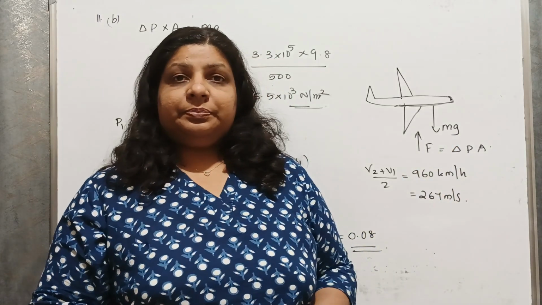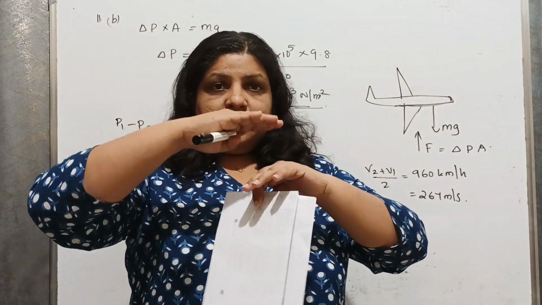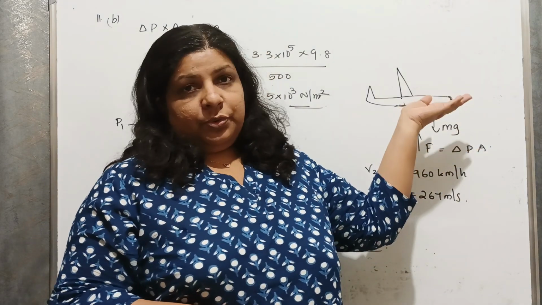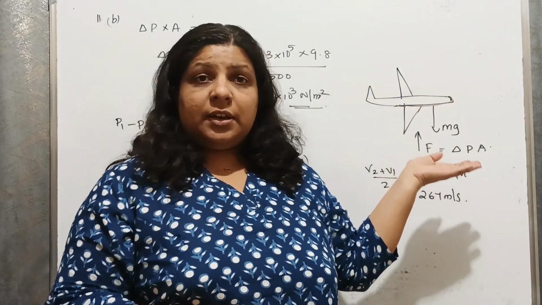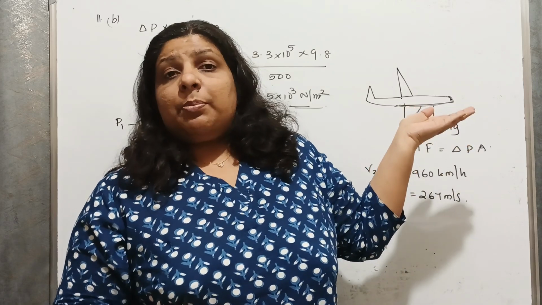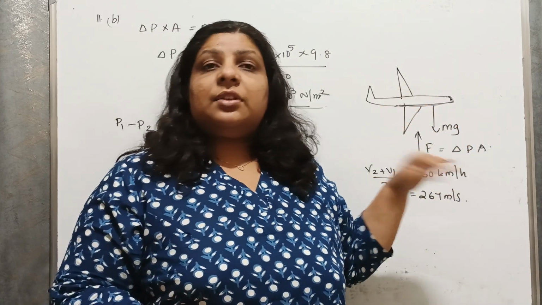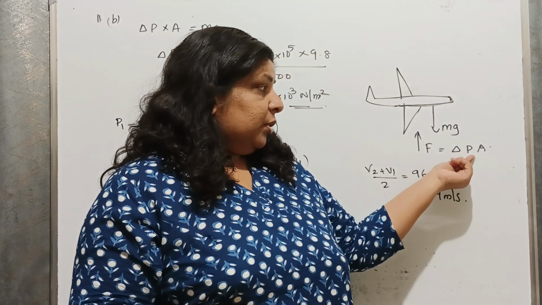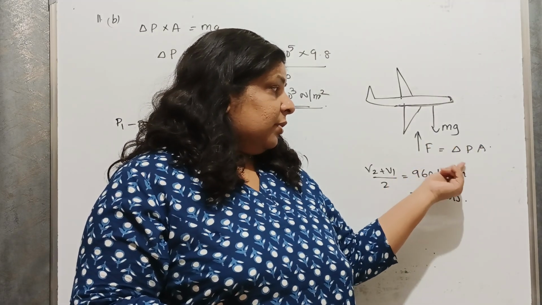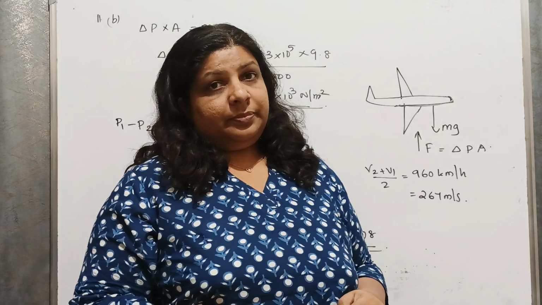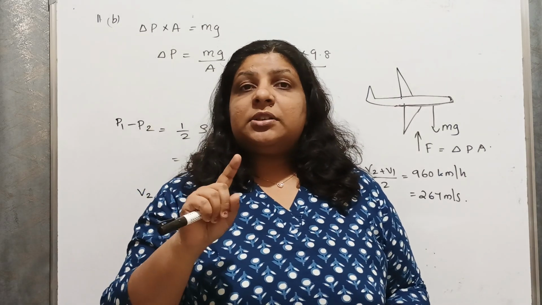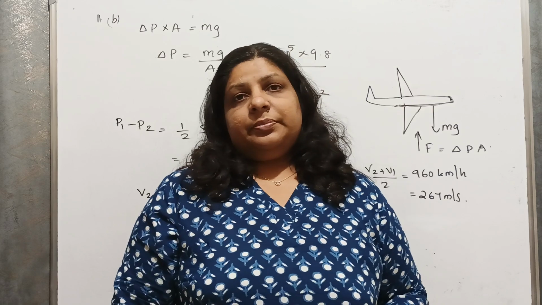In fluids, pressure into area is the upward force. That upward force is balancing the weight mg. So that upward force is delta P into area. So from there you can find the delta P, and that delta P you will apply in P2 minus P1 in the Bernoulli's theorem.